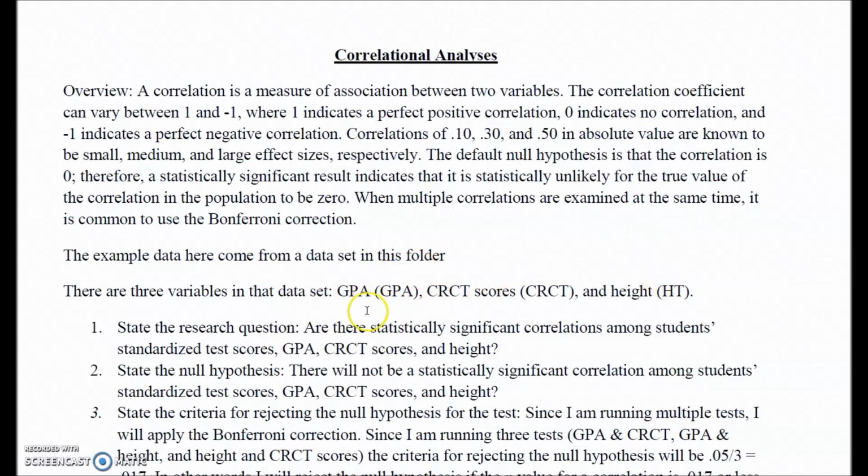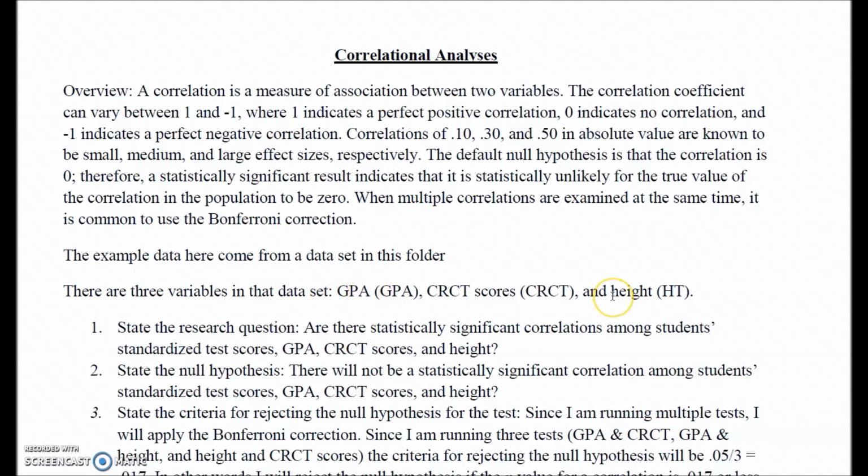When we look at multiple correlation, there is a correction that we have to apply, called the Bonferroni correction, which is really important to remember.